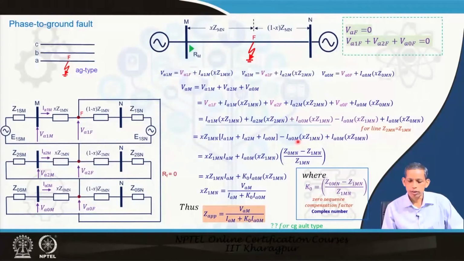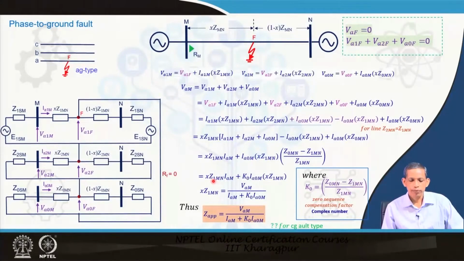That becomes equal to Z0Mn minus Z1Mn divided by Z1Mn.